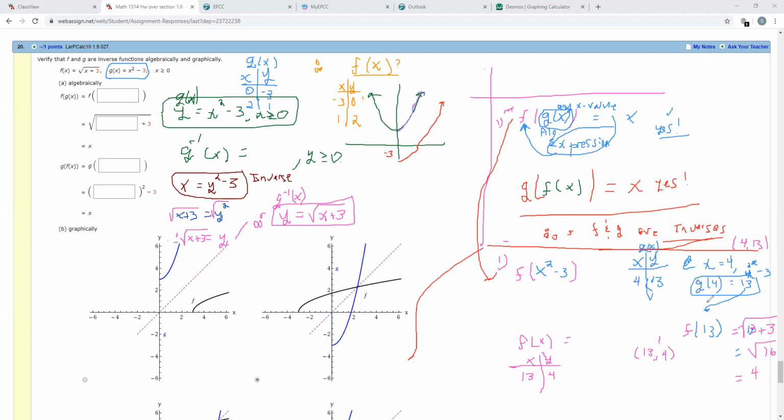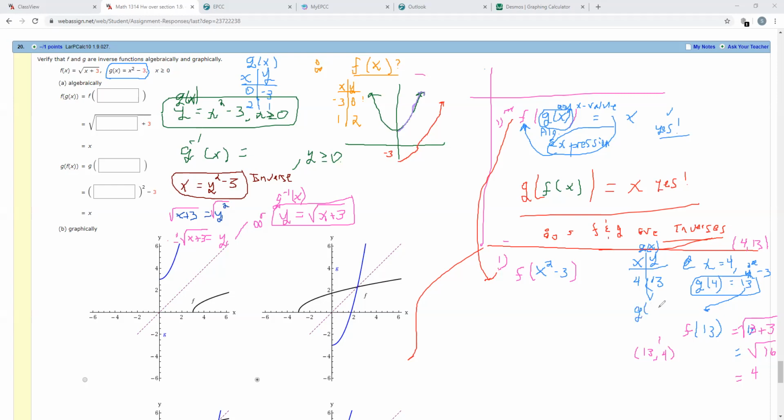Okay, so instead of doing it with x equals 4, we're going to do it in general. But one more thing. What did we just show over here? We just showed half of it.